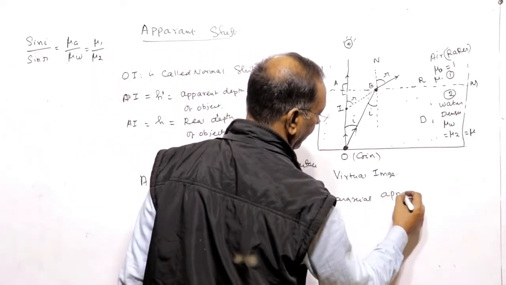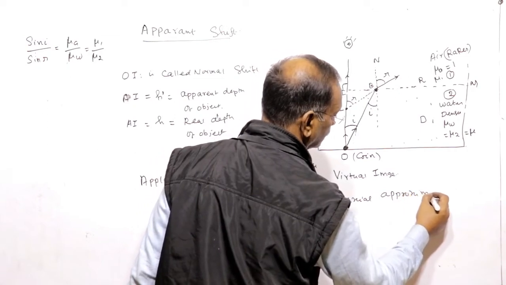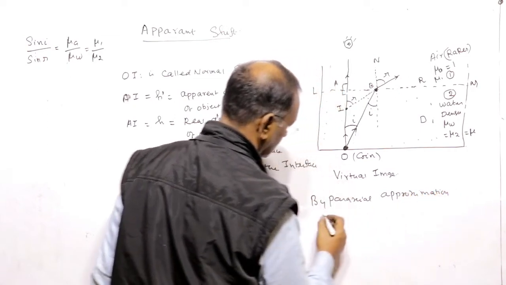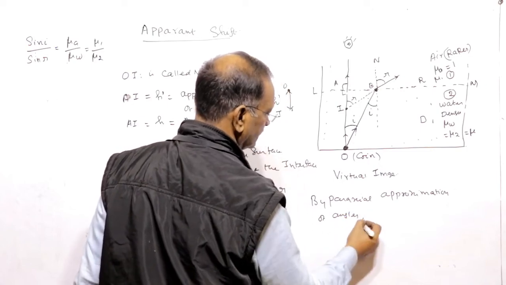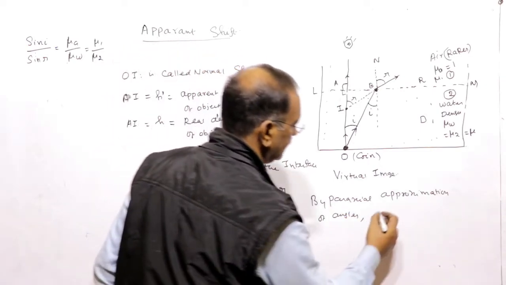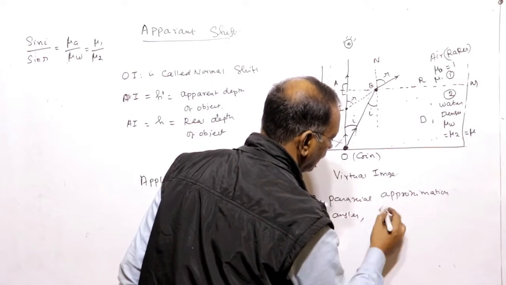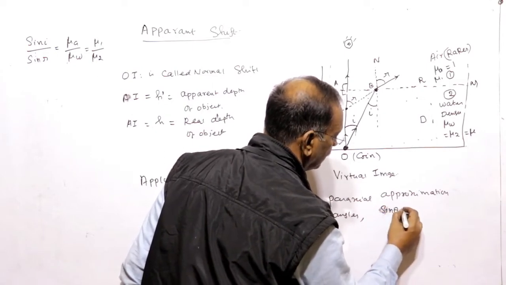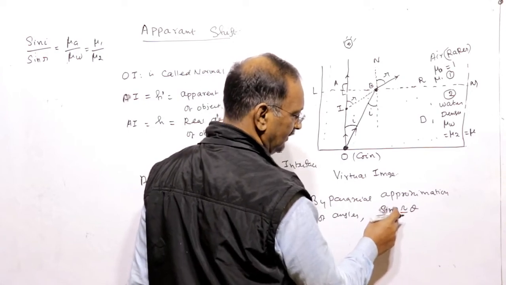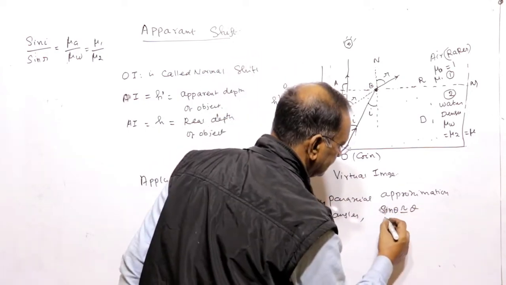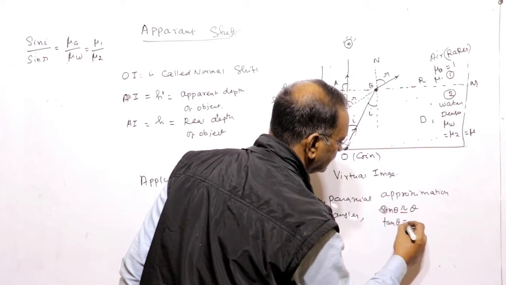So by the paraxial approximation of angles, sin theta is approximately equal to theta, and tan theta is equal to theta.